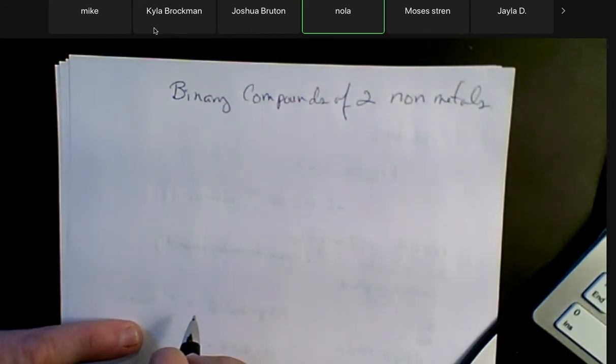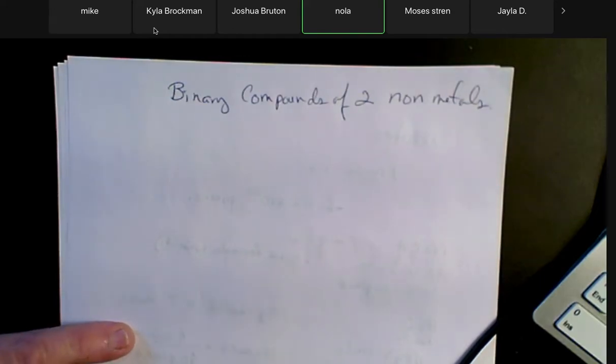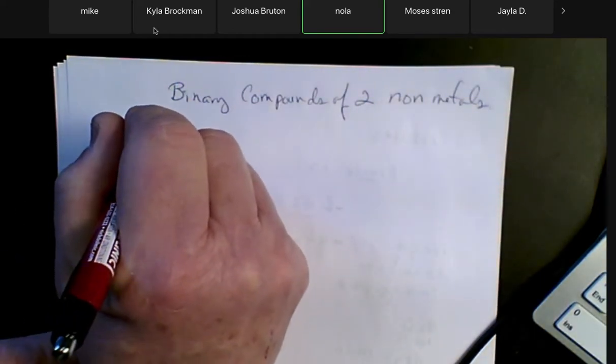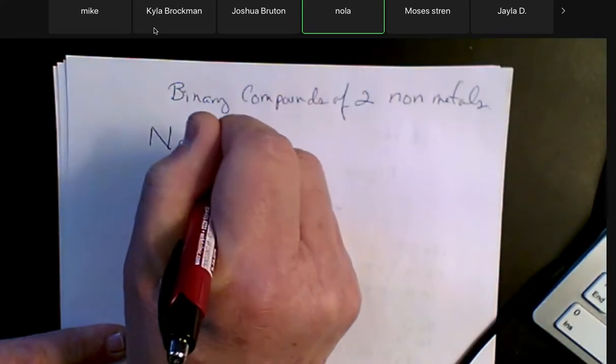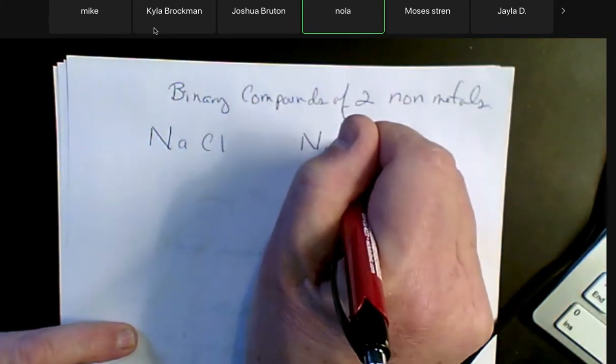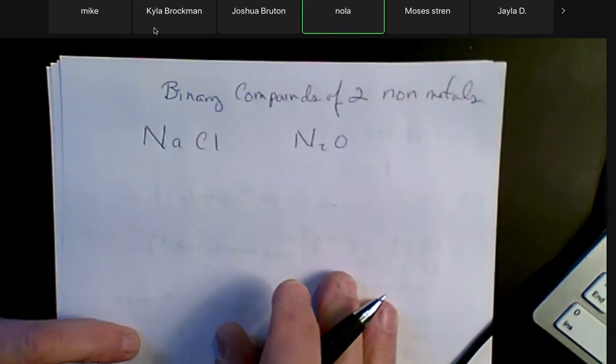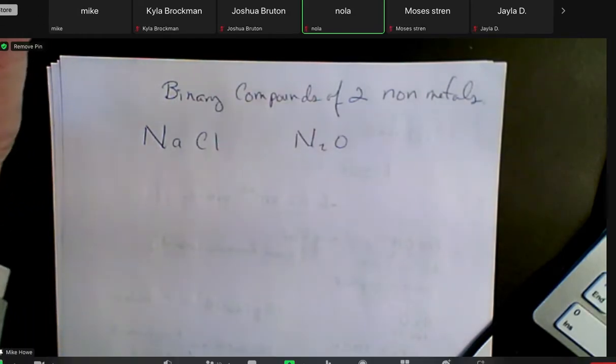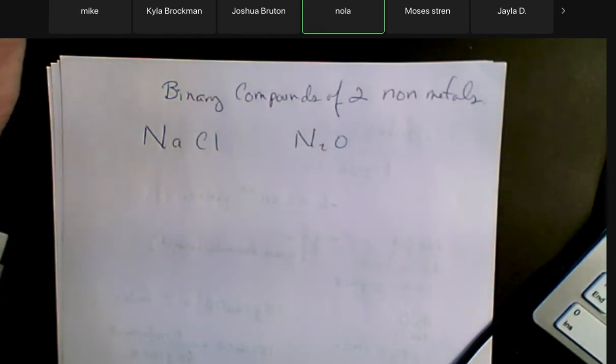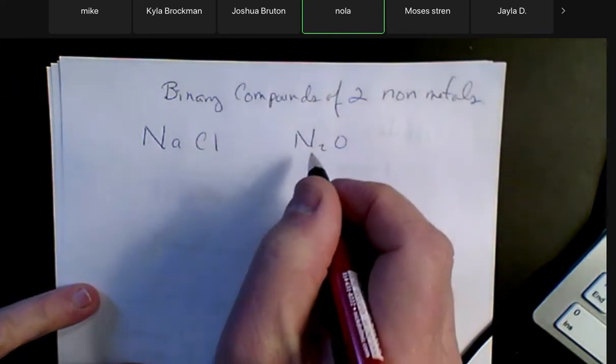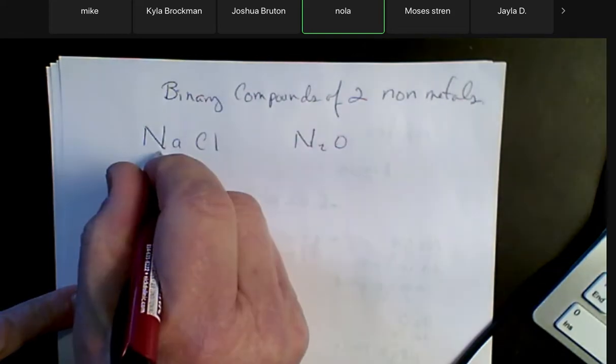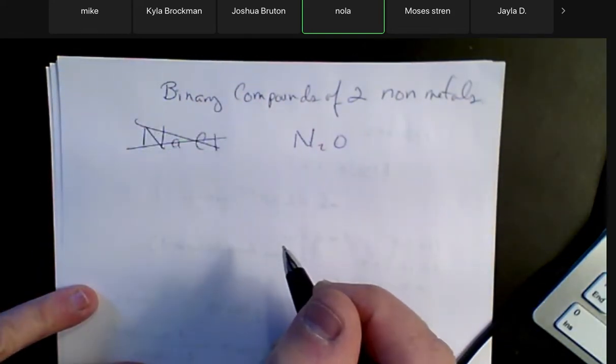So which compound, left side or right side, is a binary compound of two nonmetals? Yeah, that's the right side, because nitrogen and oxygen are both nonmetals, but sodium we know is a metal. So that one would not apply.